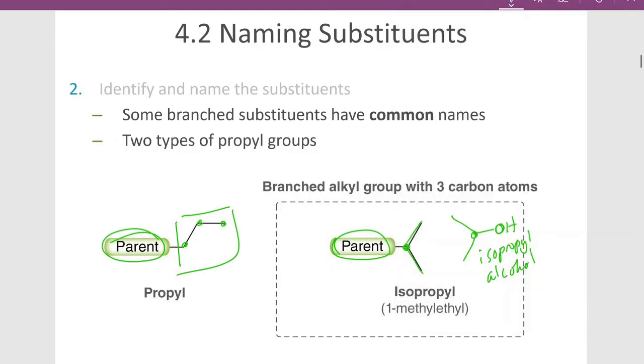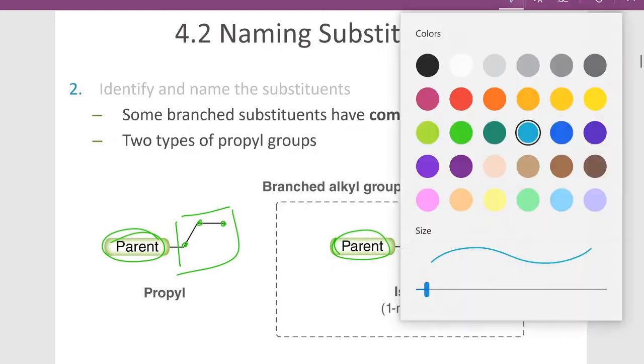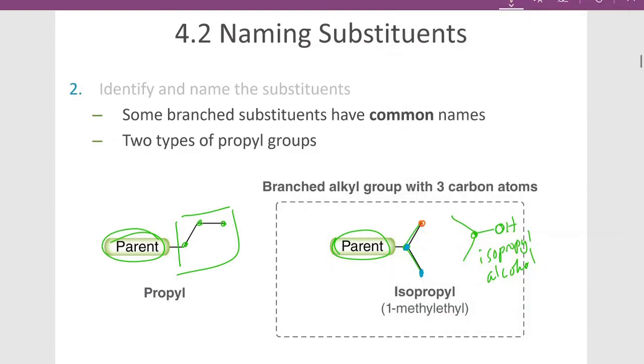It's called 1-methyl-ethyl because attached to the parent we have a 2-carbon chain with a methyl group hanging off of that 2-carbon chain at the first carbon. So the carbon attached to the parent is numbered 1, the second carbon is numbered 2, and we have a methyl group attached at the first carbon. So it is called 1-methyl-ethyl.